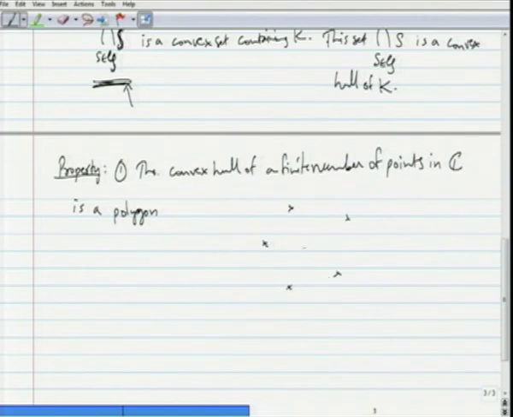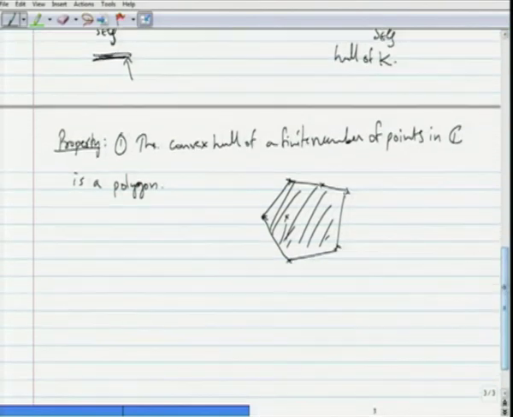Okay. So, suppose some point is like this, some point is like that, then these three are collinear, etc. Then eventually you will get a polygon which will be the convex hull of a bunch of these points. Okay. So, we will not prove this property, but this is true.